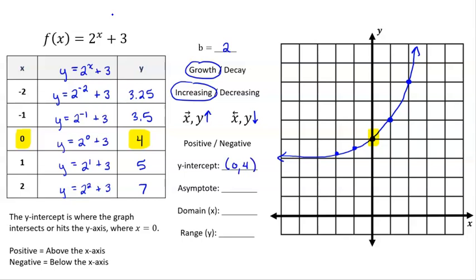Our graph is still above the x-axis, so it's going to be positive, but now our asymptote is also shifting, and that's going to be at y equals 3. Our domain is still all reals as it goes to the left forever and to the right forever, and then the range is going to be above that asymptote of 3.